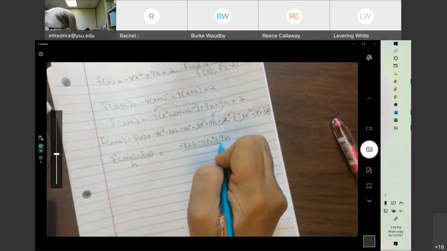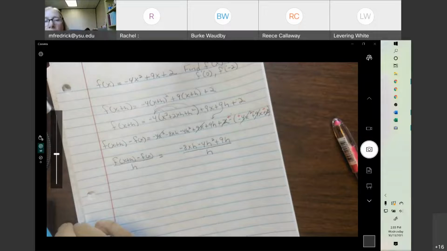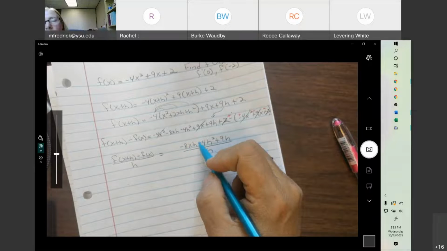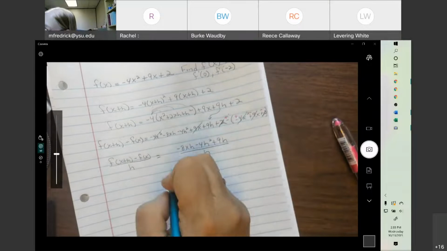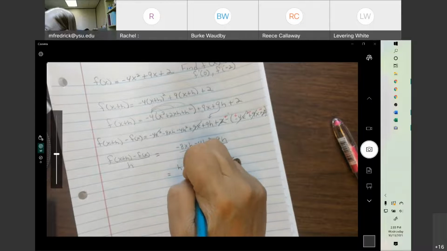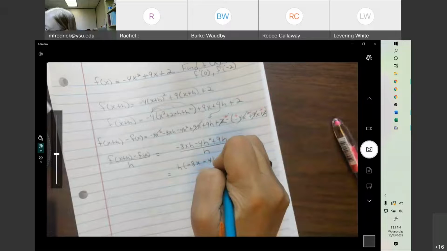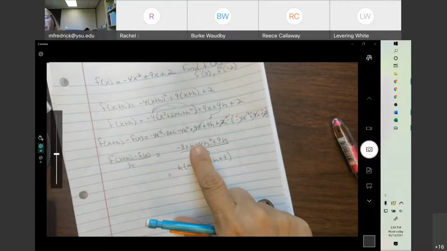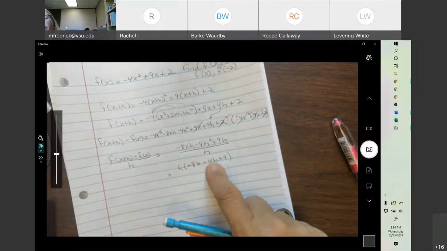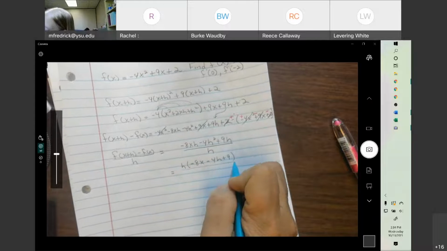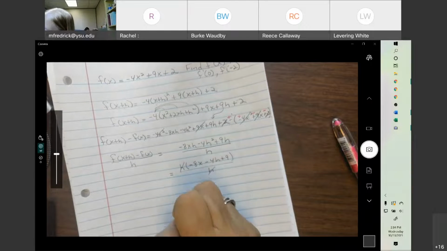This is step 3. Now you can factor an h out of the top. If we pull an h out, that leaves a negative 8x. Pulling one h from here leaves a negative 4h, and then pulling this h leaves 9 all over h. And then the h's cancel.